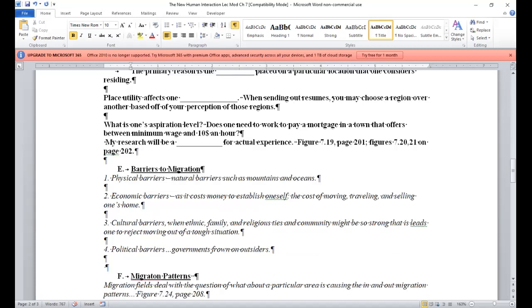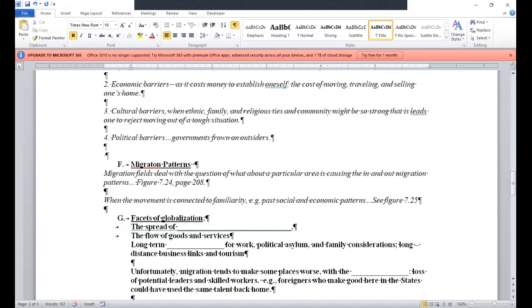Now, migration patterns. You have two points here I want to talk about. Migration fields. What about an area is causing the in and out migration patterns? Now, figure 725 on page 209 gives you some illustrations on where folks are emigrating from and to, and even right here in the United States.